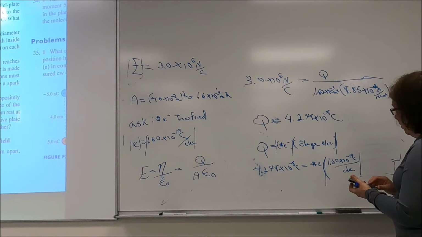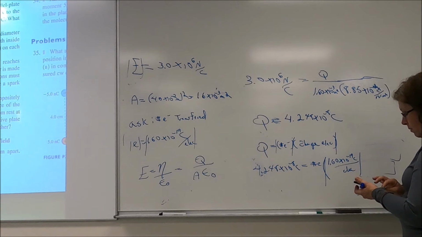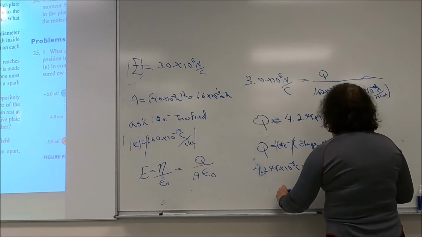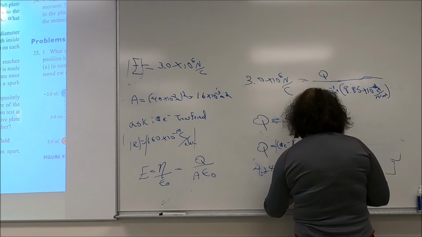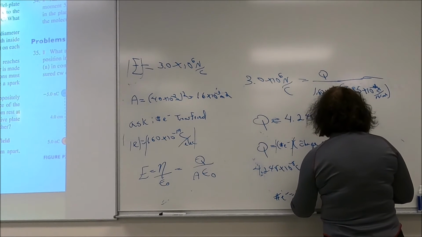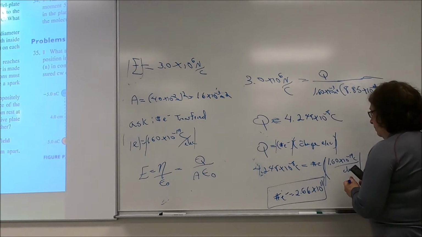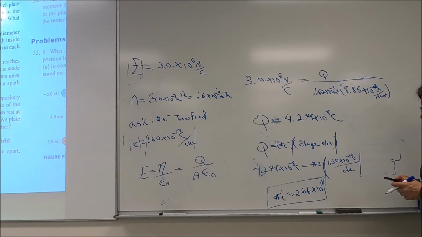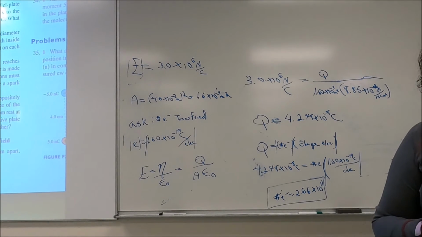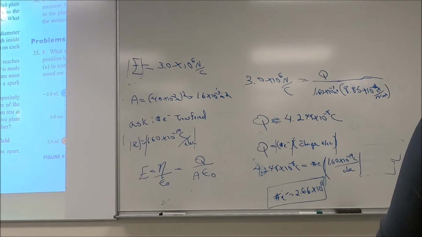Okay, so I divide through. 4.248 times 10 to the minus 8 divided by 1.6 times 10 to the minus 19, and I get my number of electrons to be 2.66 times 10 to the 11. Okay, so those are two parallel plate capacitor problems.